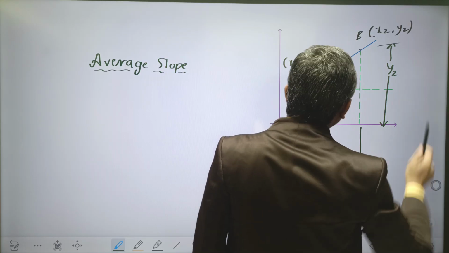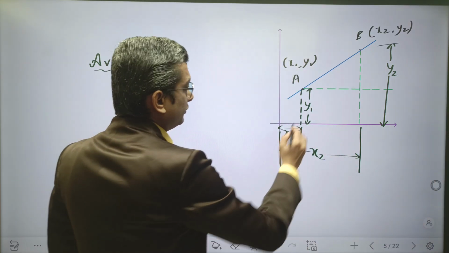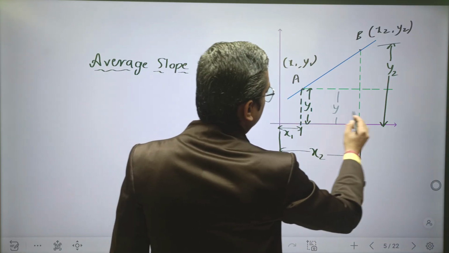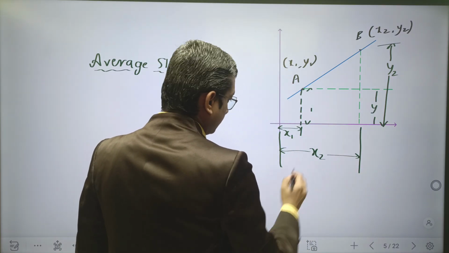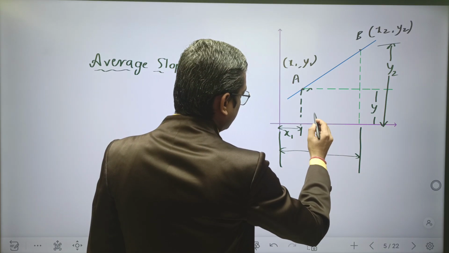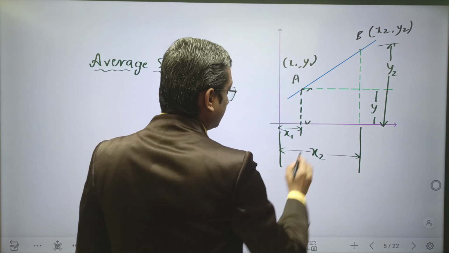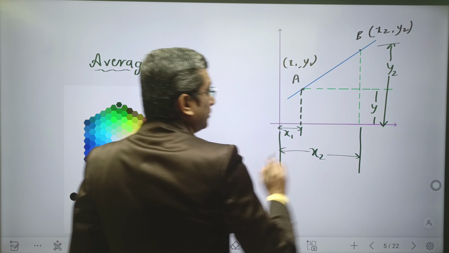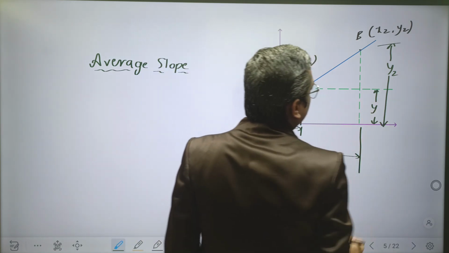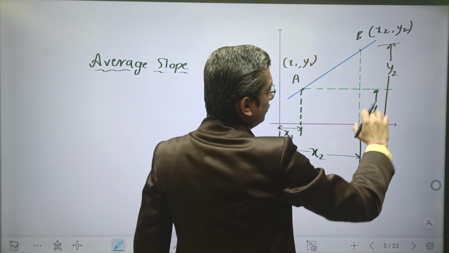Are you getting? So here, this is y1. Observe carefully, this whole distance is y2, this is y1.